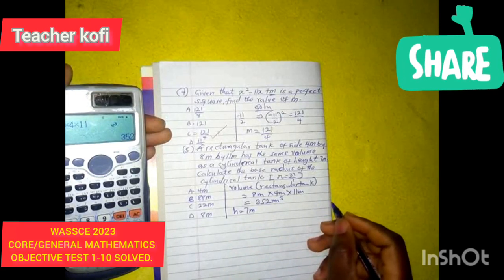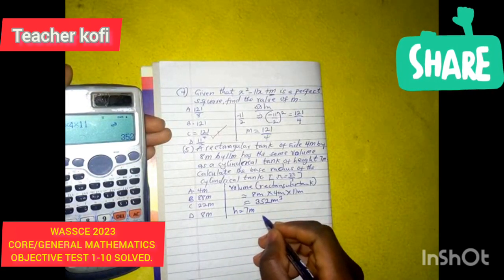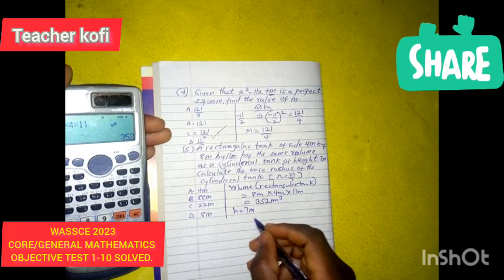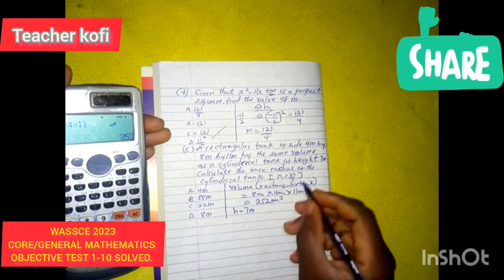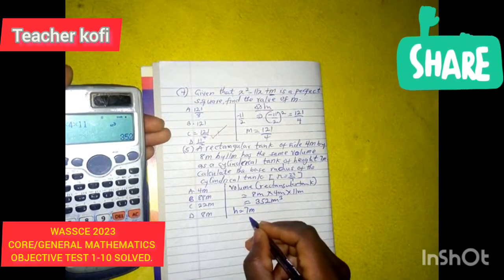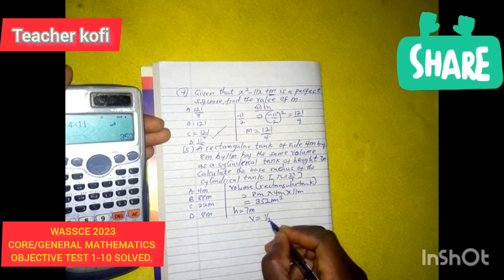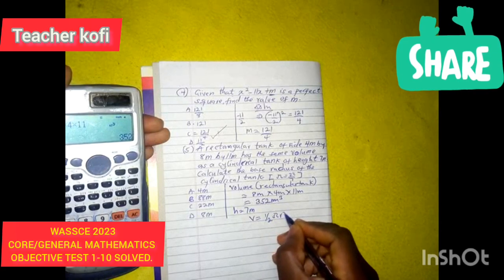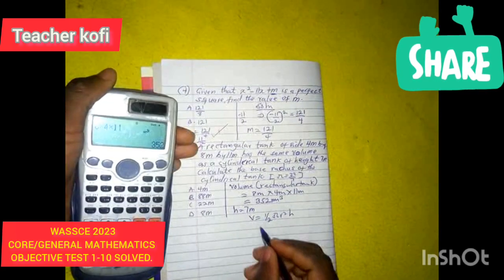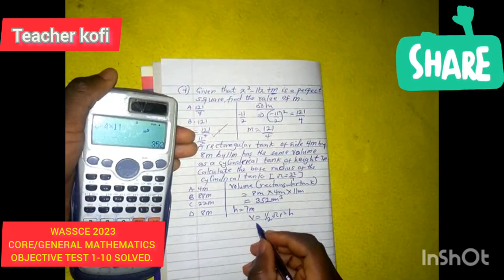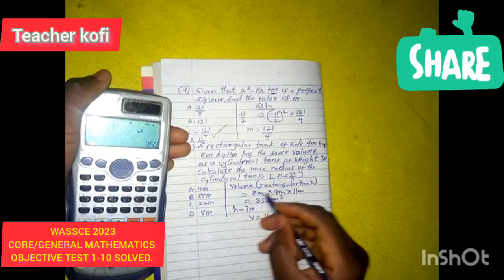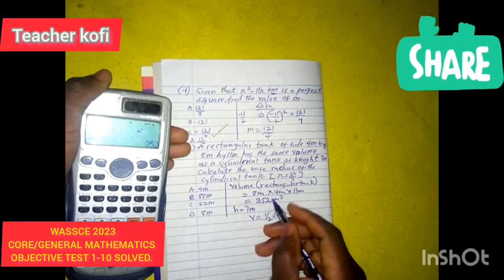Formula for volume: the volume of a cylinder is pi r squared h, and they've given the volume of the cylinder to be the same as the rectangular tank, so it's 352.